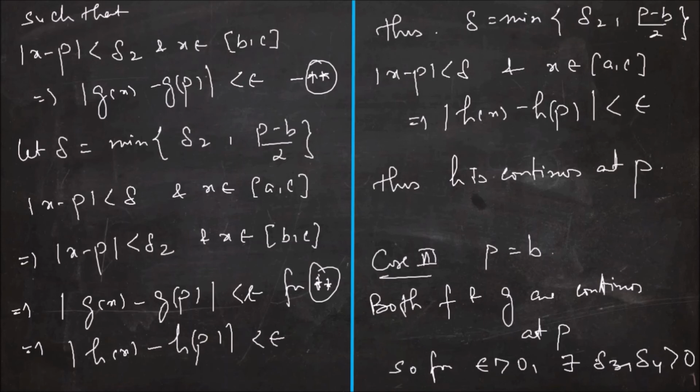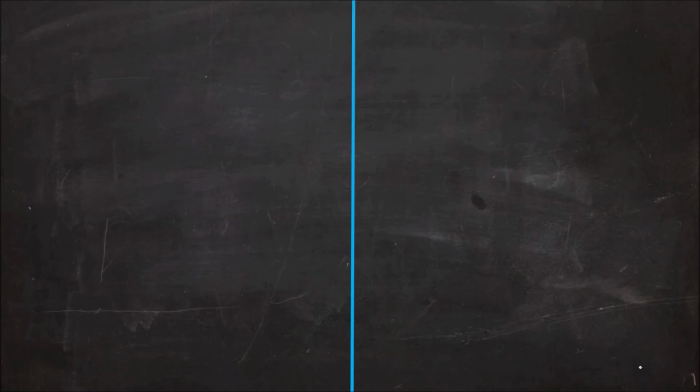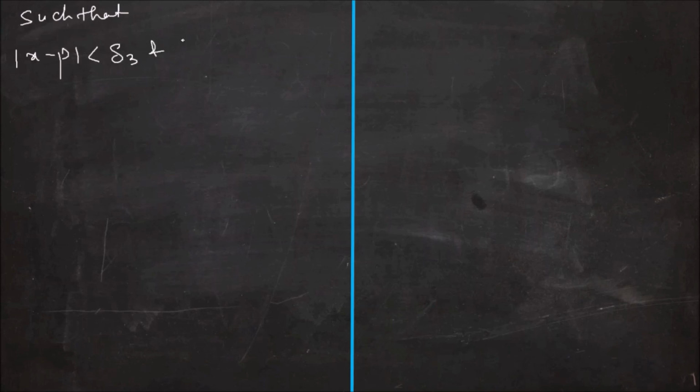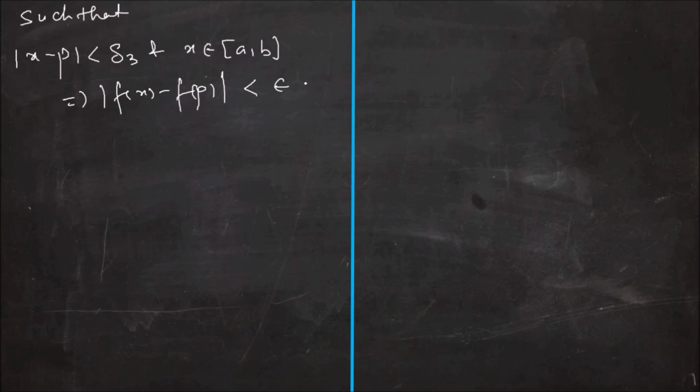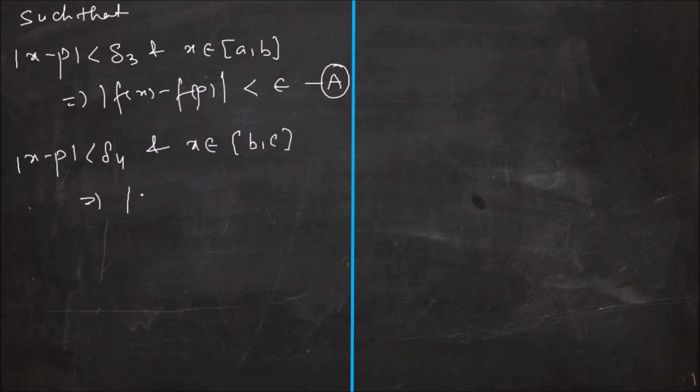For f, delta 3 is there, and for g there is delta 4, such that |x minus p| less than delta 3 and x belonging to AB implies |f(x) minus f(p)| is less than epsilon. So this is our A. And |x minus p| less than delta 4 and x belonging to BC implies |g(x) minus g(p)| is less than epsilon. So this is our B.